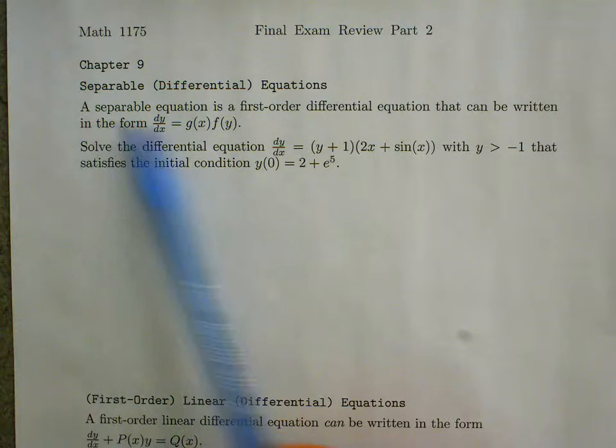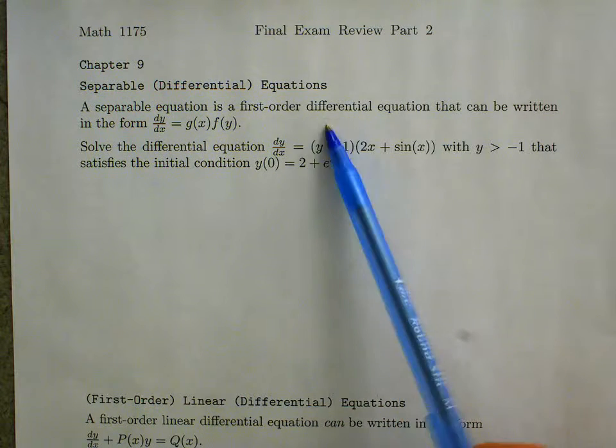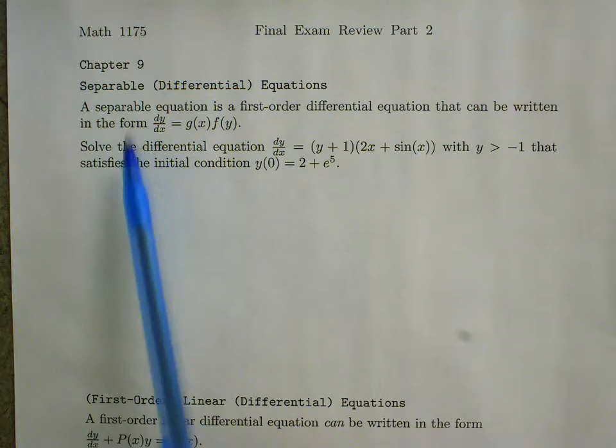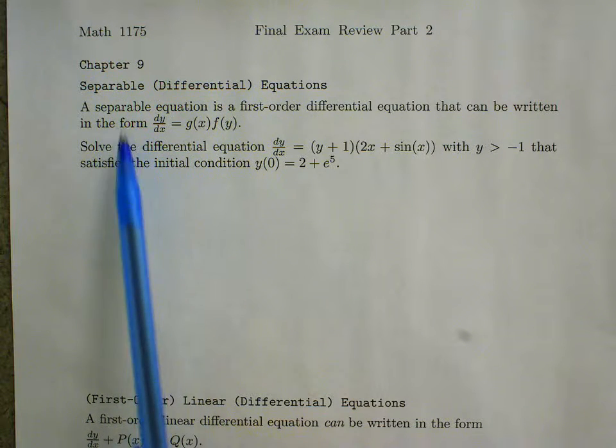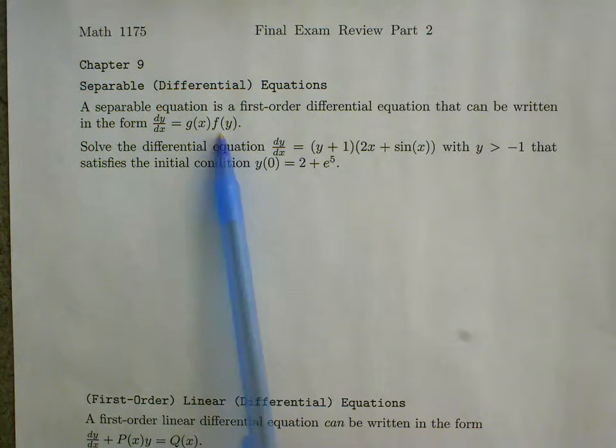A separable equation is a first order differential equation that can be written in the form the derivative of y with respect to x equals g of x times f of y.